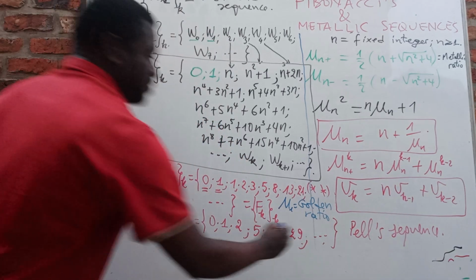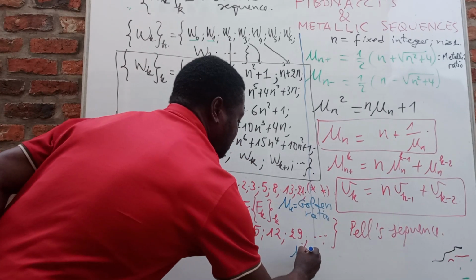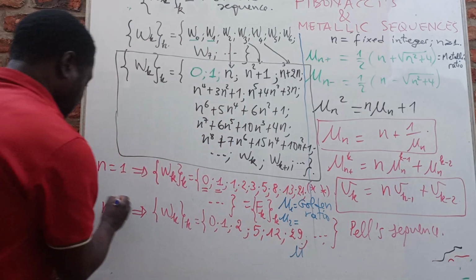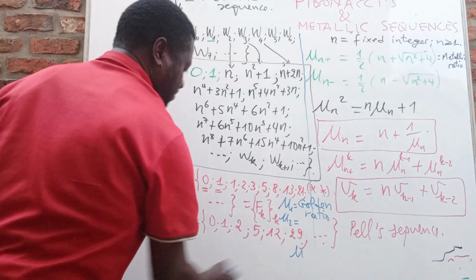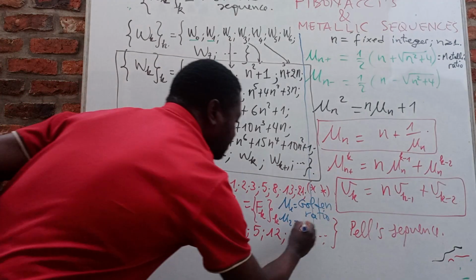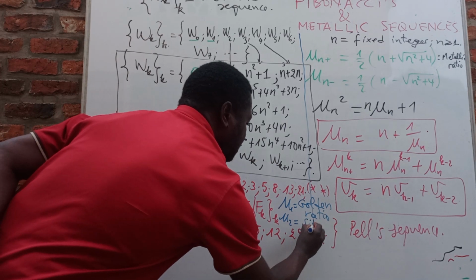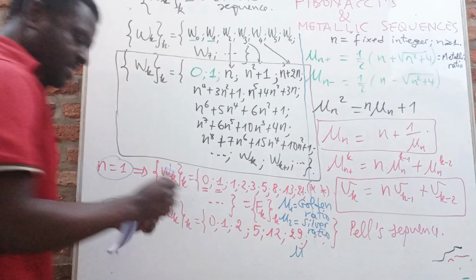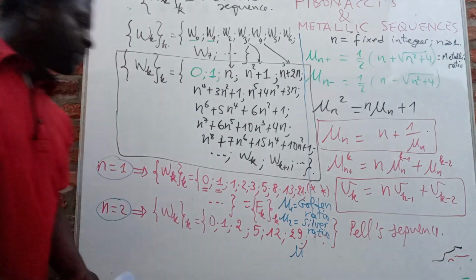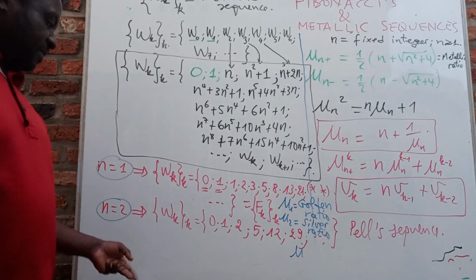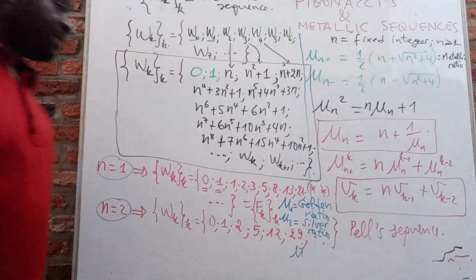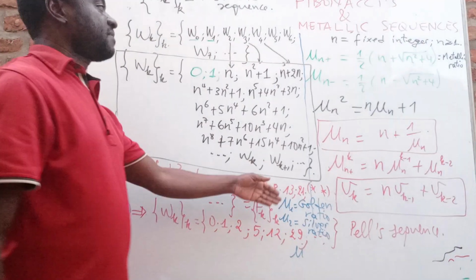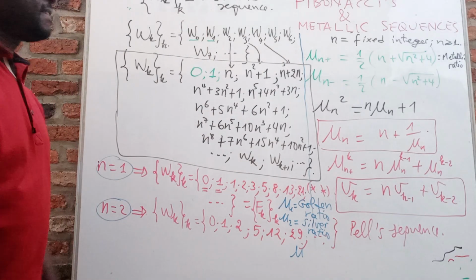And for mu2, with n equal to 2, this one is the silver ratio. Of course, I don't know if we can call n equal to 3 maybe the copper ratio. I don't know. But these two are very well known, and they serve, of course, to define the sequence.